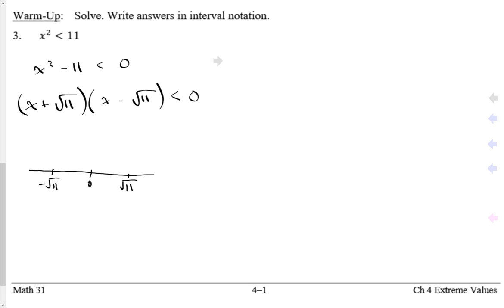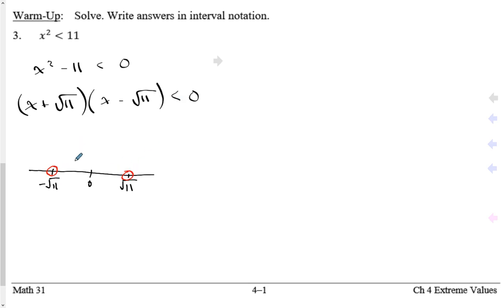I know the zeros for this quadratic are here at the negative root 11 and here at the positive root 11. I did an open circle because I'm saying less than, not less than or equal to, so I don't want to include these 2 points.